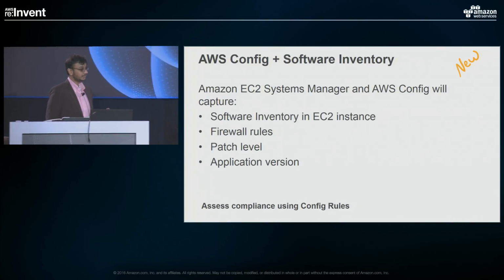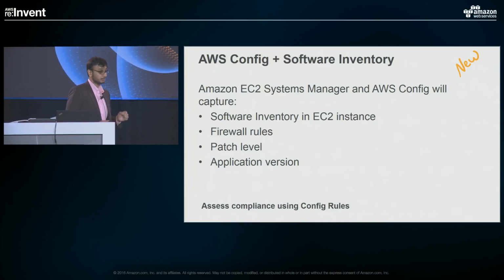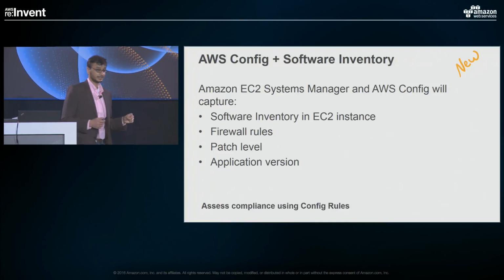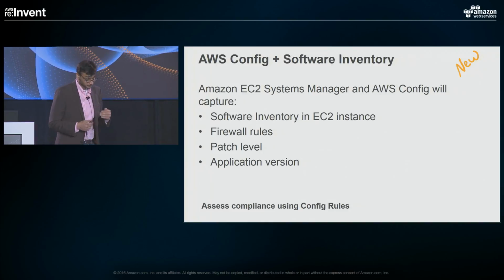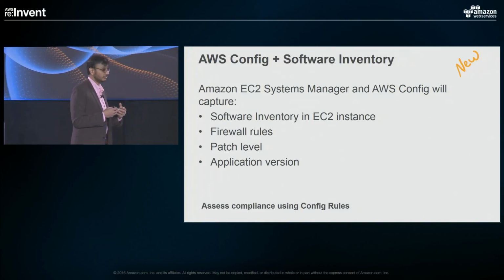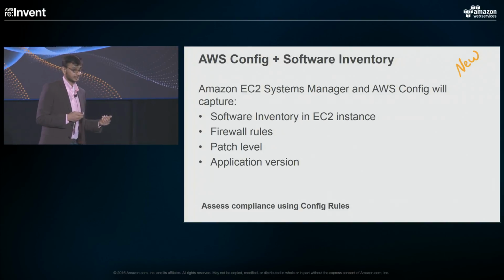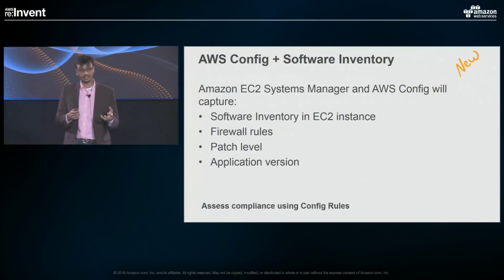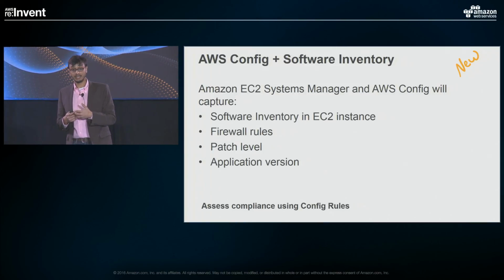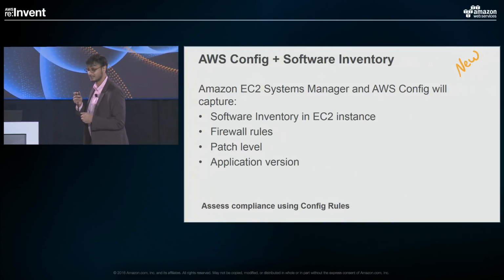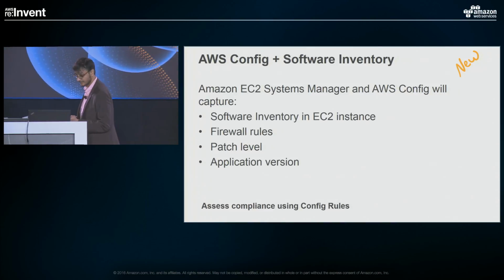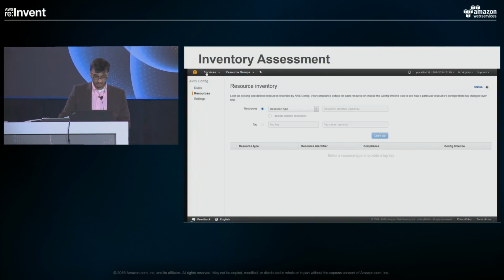What we launched quietly was AWS Config support for EC2 Systems Manager. So all of that software inventory about things running inside the instance, firewall rules, network configurations, all of these are available in AWS Config. So you can now write rules against them. And of course, we'll try to do a demo of that.